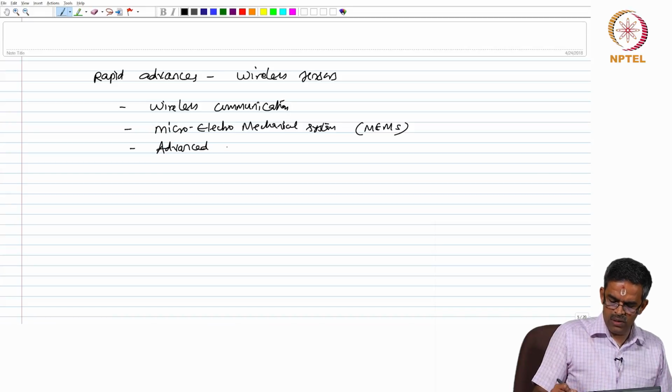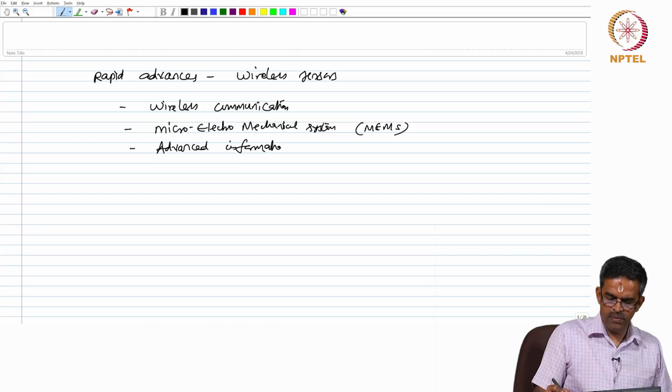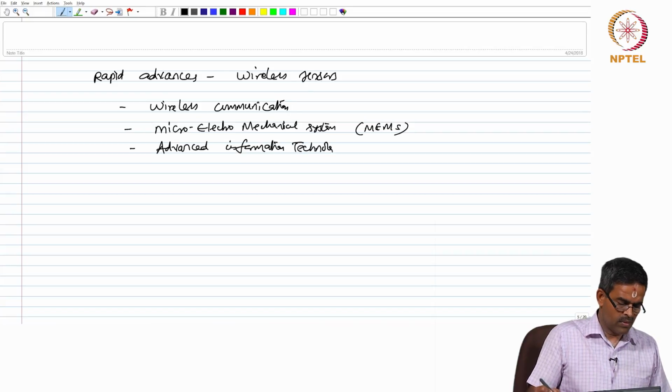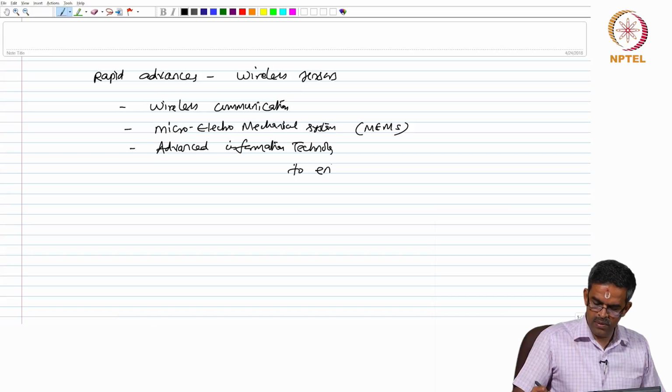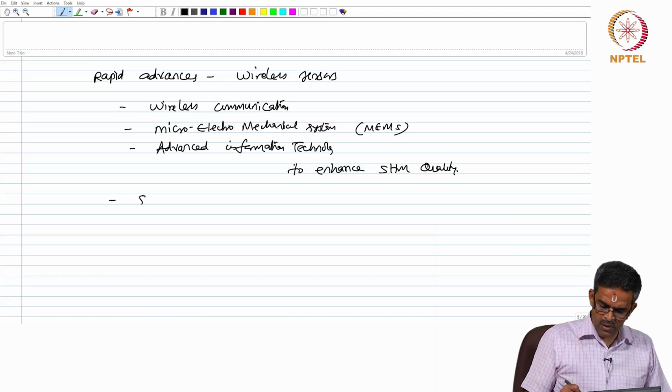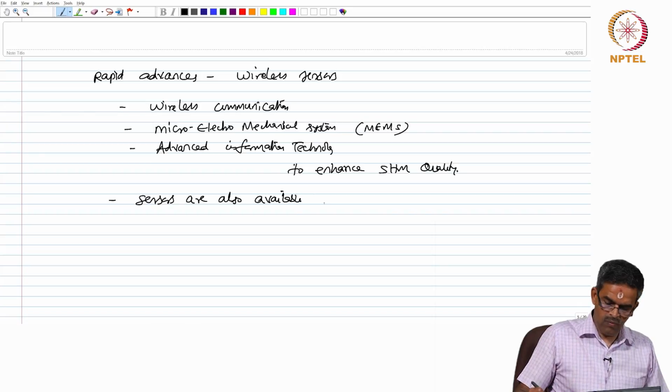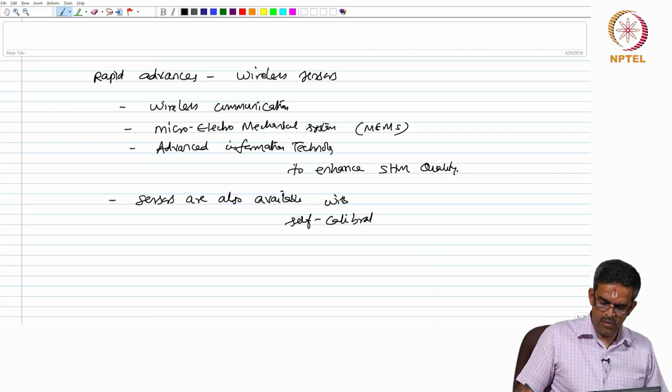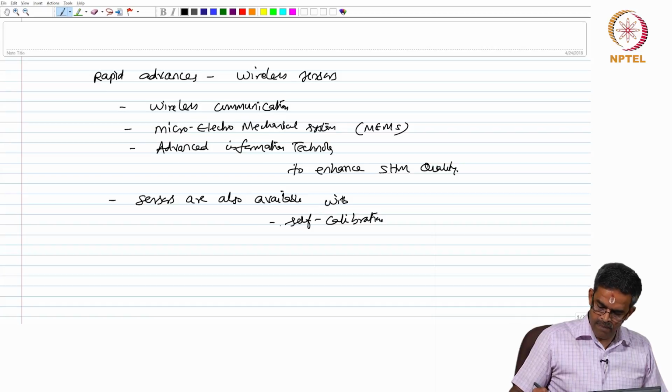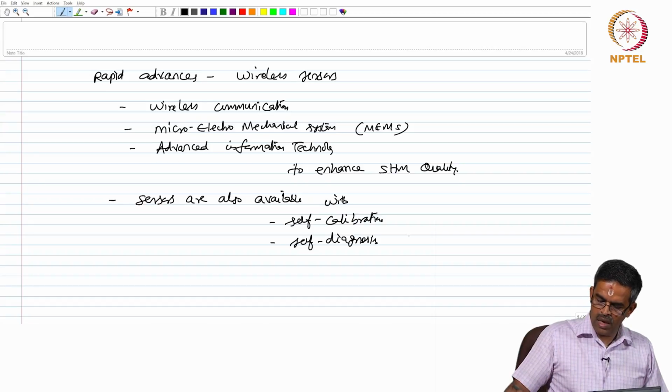People also use advanced information technology to enhance the structural health monitoring quality. Sensors are also available nowadays with self calibration, self diagnosis capabilities.